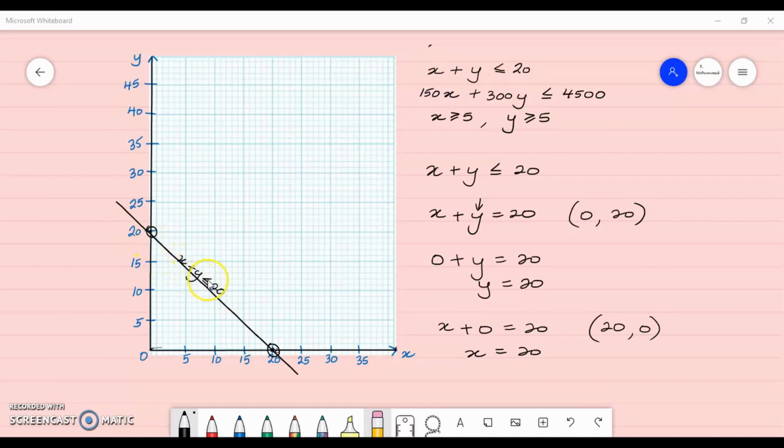Because my sign has an equal sign with it, I have to draw a solid line to connect those 2 points.